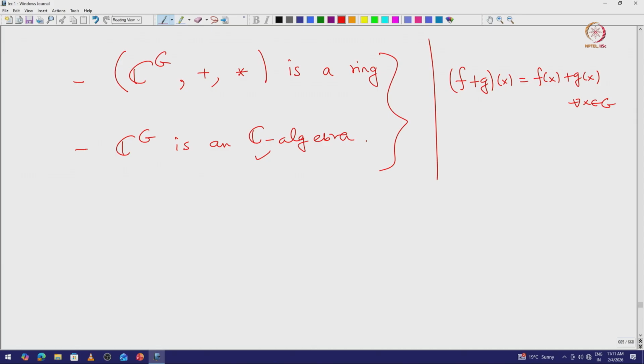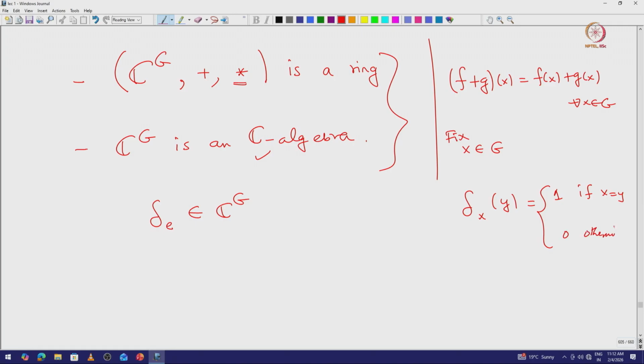What will be the identity element with respect to this star? We have this delta e, which is an element inside CG. Recall delta x, where x is in G, is the delta function at x. For any given y, delta x of y is 1 if x equals y and 0 otherwise.